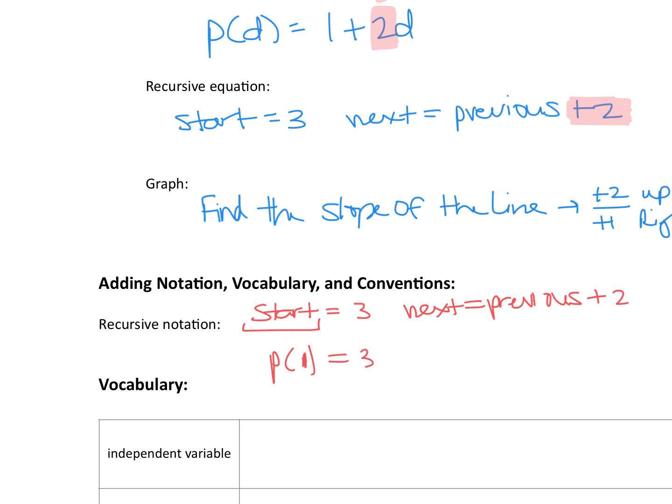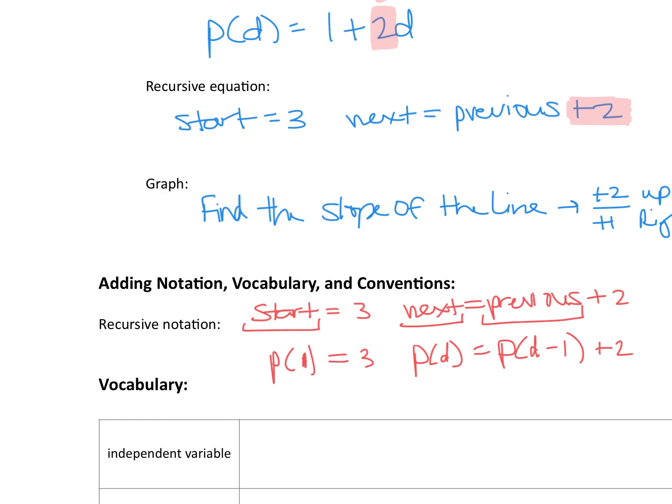Okay, and then the next would just be P of D. So the push-ups on a certain day equals previous would be P of day minus 1, right? Because we want to go back 1 day, that's previous. And then we would have the plus 2 at the end. Okay, so the next is replaced with P of D, and the previous is replaced with P of D minus 1.